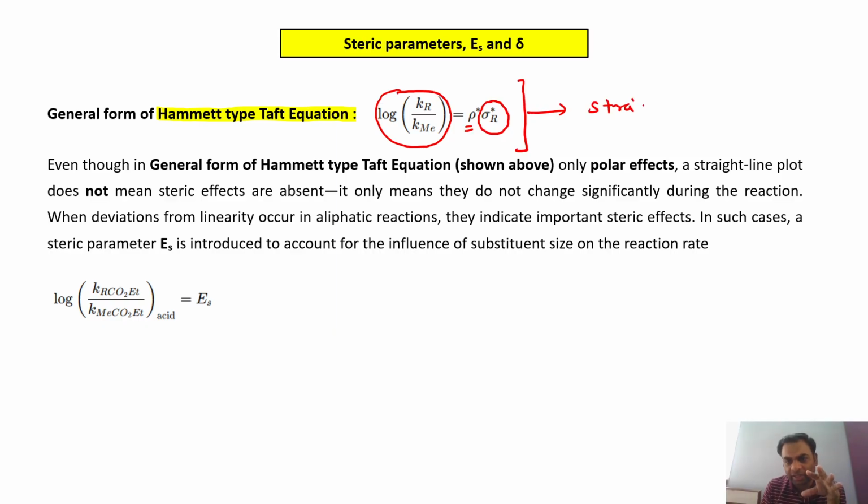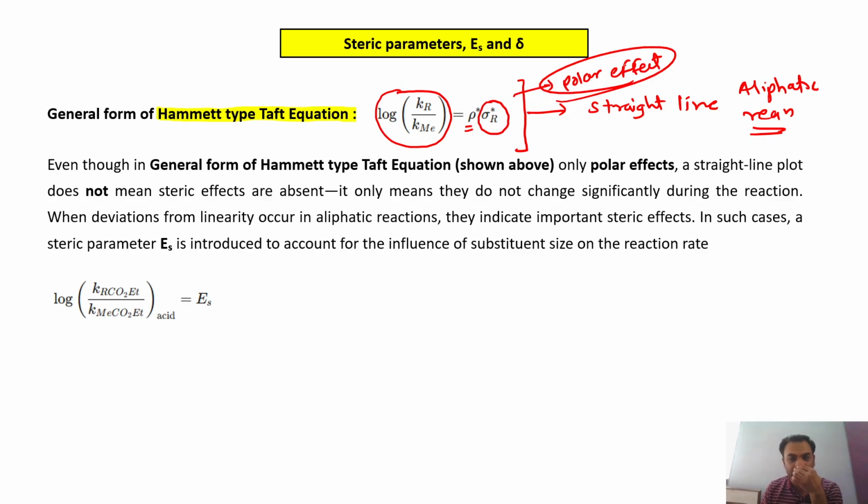By using this equation, we have a straight line relationship for many aliphatic reactions. Now this equation considers only the polar effect, as the steric effect is cancelled out.